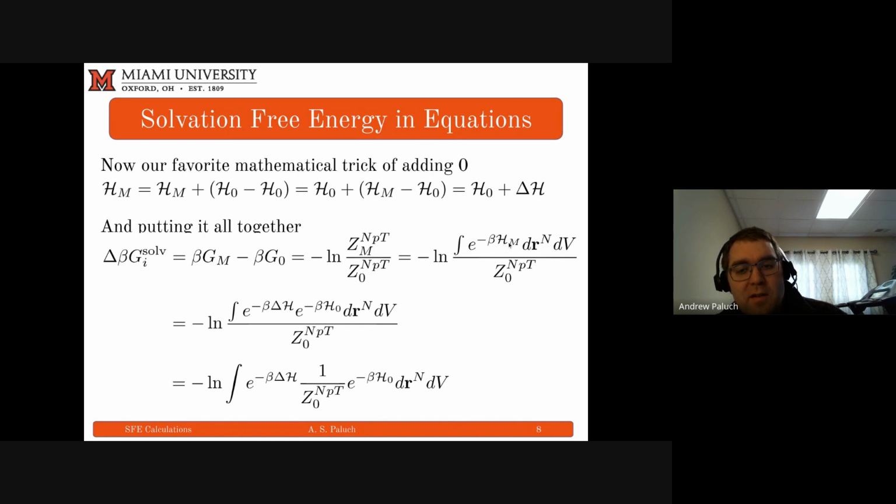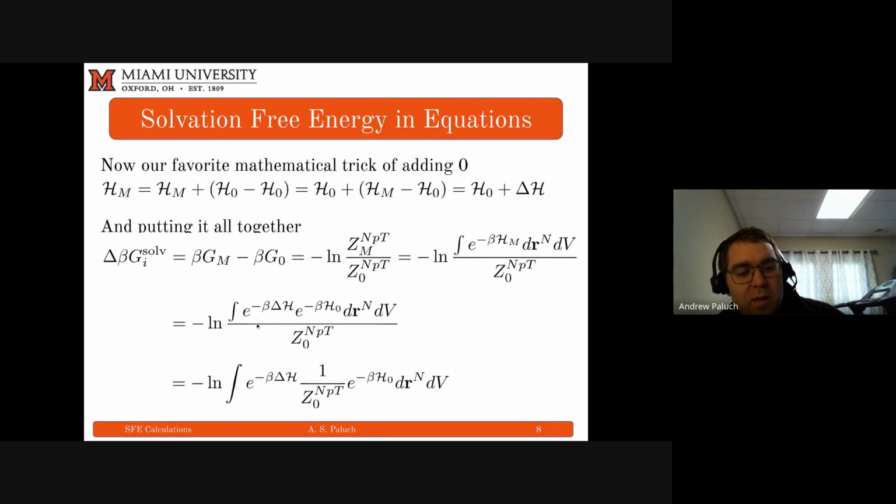What I'm going to do next is plug in my perturbation expression, which I had up here. So HM is equivalent to H naught plus delta H. Taking advantage of my rules of exponents, this is equivalent to the integral of e to the negative beta delta H times e to the negative beta H naught, integrating over all of position and volume space.